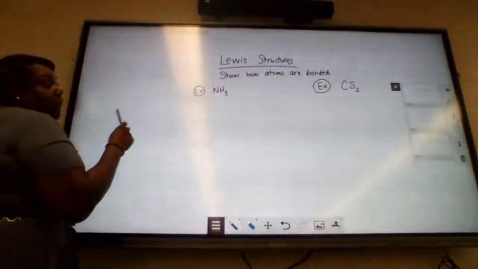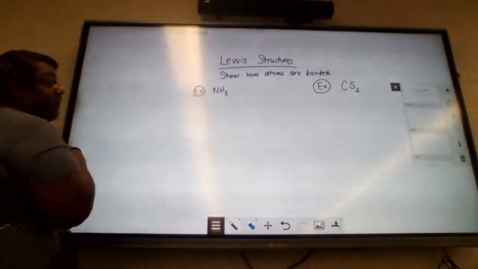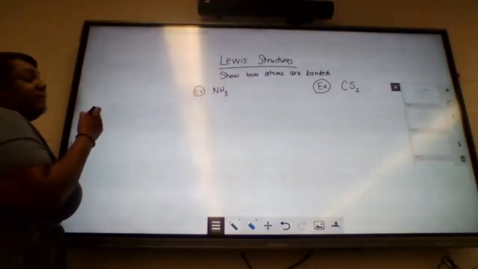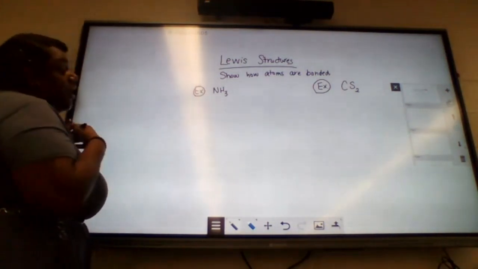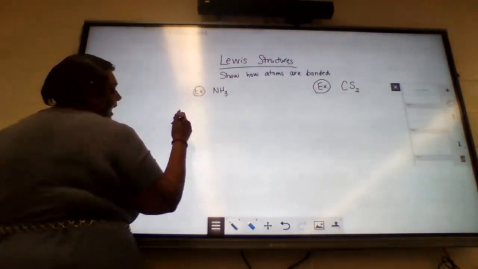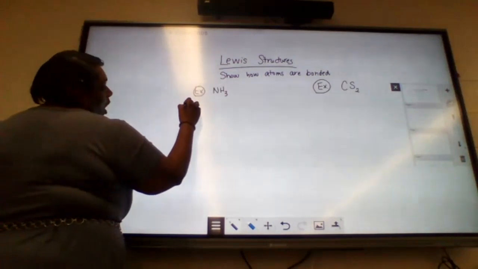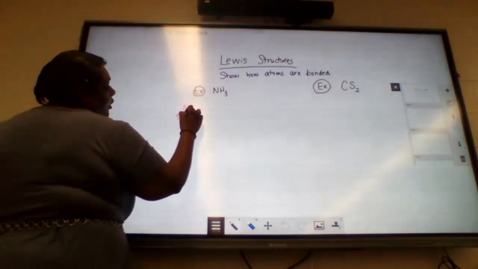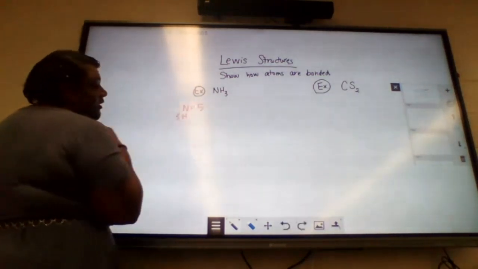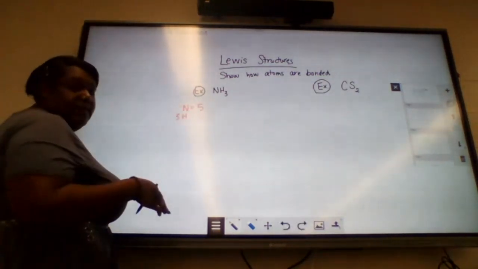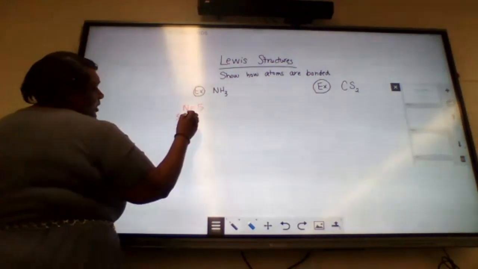So in order to draw a Lewis structure, let's say they give us this compound NH3, the very first thing you want to do is you need to know how many valence electrons you get from N and H. And so on the periodic table, you will notice for nitrogen, there are 5 valence electrons because it's in column 15 or 5A.